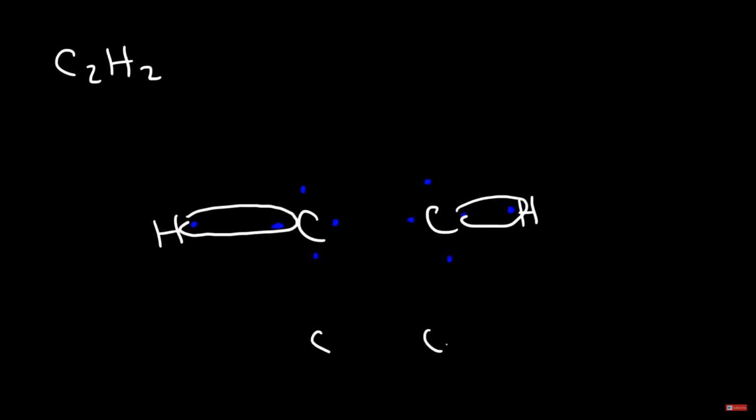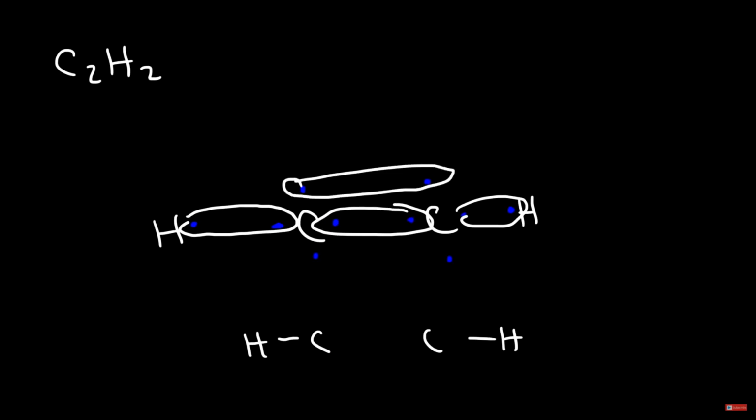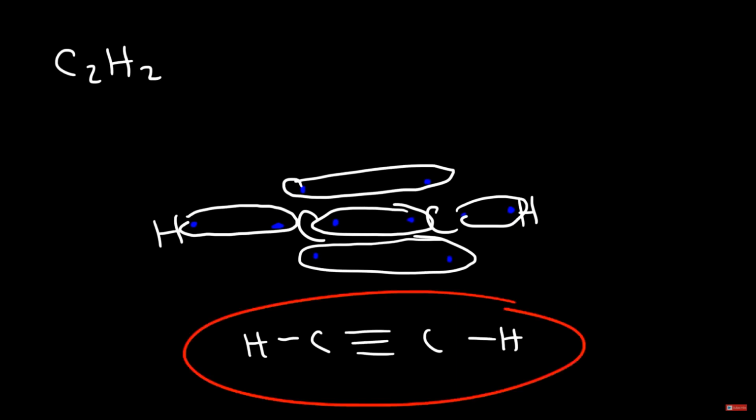So we can draw that as CH. And we could put a single bond between the 2 carbon atoms. We could also make another bond here. That's a double bond. Or we can make a triple bond. If we make a triple bond, each carbon atom will have 4 bonds. And so it turns out that this is the best Lewis structure for the acetylene molecule, C2H2.